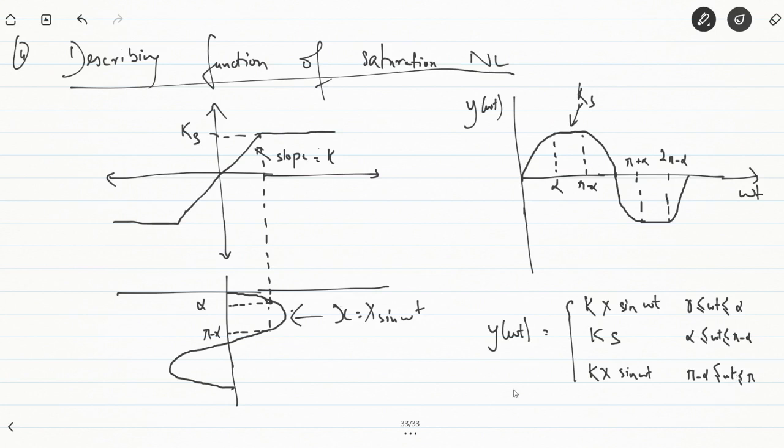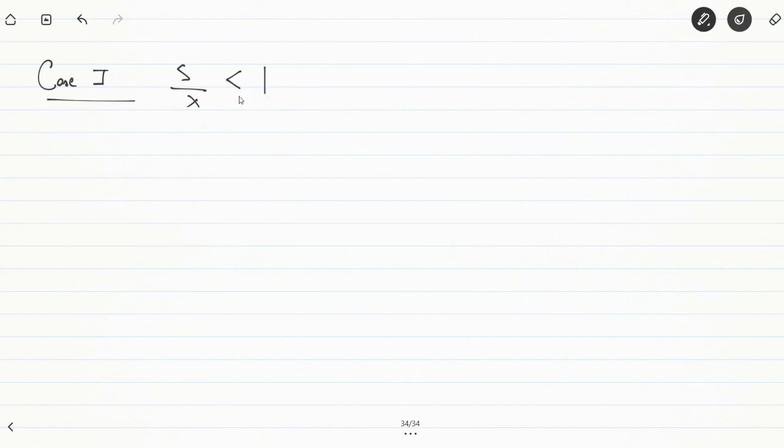Case number one will be where s divided by x is less than 1.